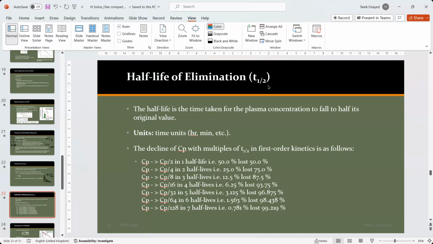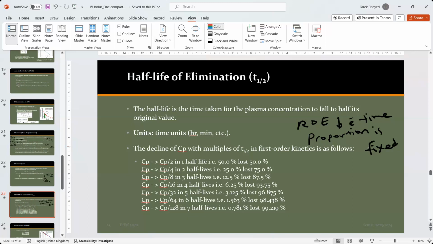If you remember, last time I explained to you that in first order kinetics, the rate of elimination decreases with time, but the proportion of decrease is fixed.